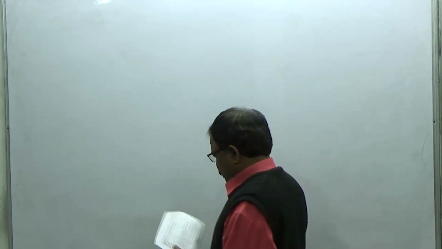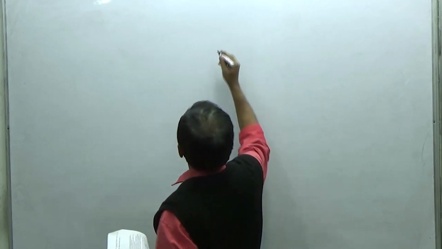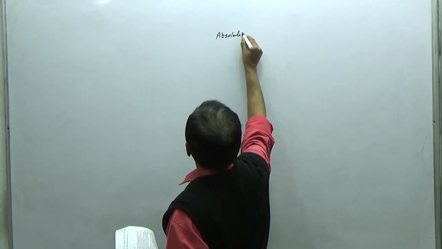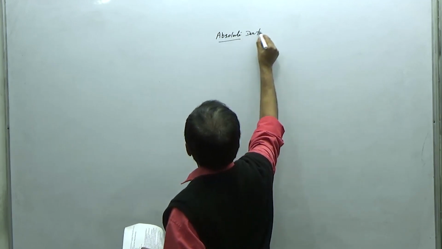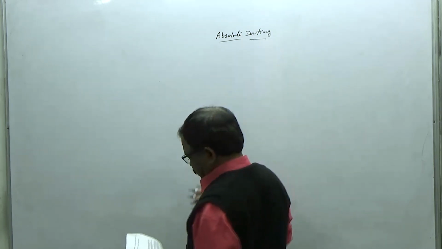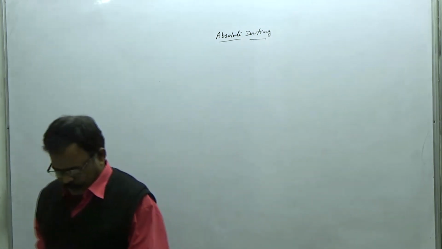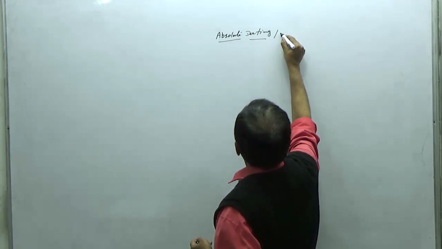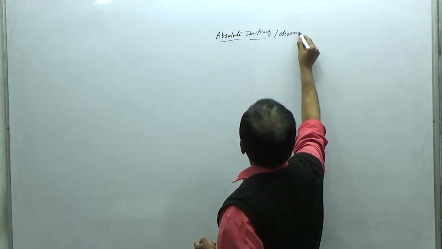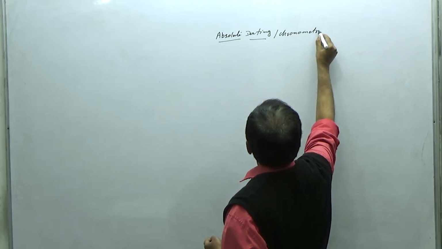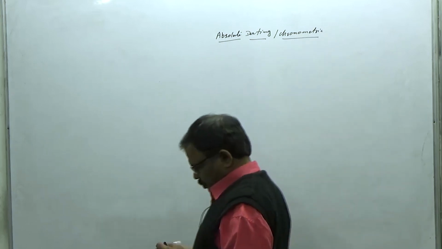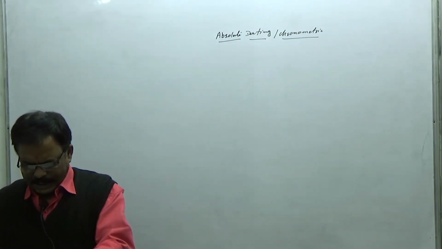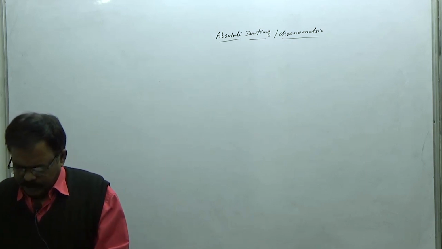First, absolute dating methods. These absolute dating methods are also known as chronometric dating methods.